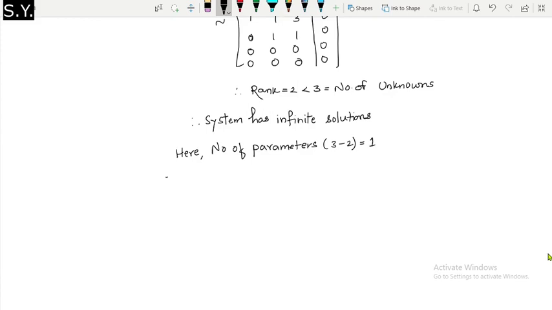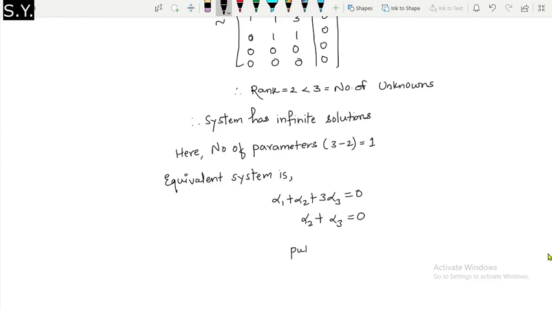Now let us write down the equivalent system. The equivalent system is alpha 1 plus alpha 2 plus thrice alpha 3 is equal to 0, and alpha 2 plus alpha 3 is equal to 0.